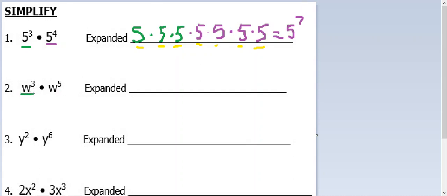We can do the same thing with variables, not exponents. So this is w to the third power. So I know w to the third power means that it's going to be w times w times w. We have 3 w's multiplied by themselves. And then w to the fifth power means that will be 5 more w's.